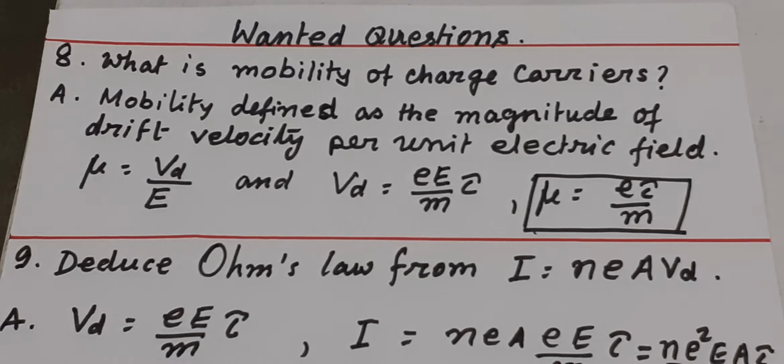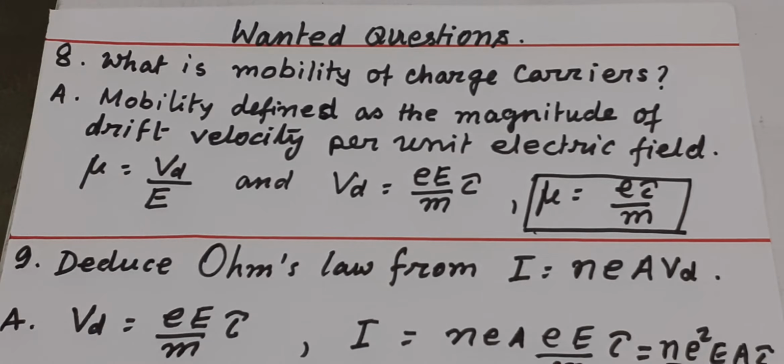Now deduce Ohm's law from I equal to n e A v suffix d. Here n is number of electrons per unit volume, e is the charge of an electron, A is the area of cross section of the conductor, and v suffix d is the drift velocity. Now as it is known, v suffix d equals e E by m into tau.